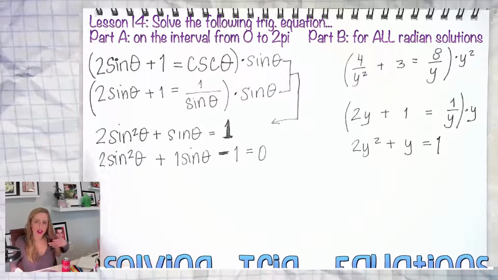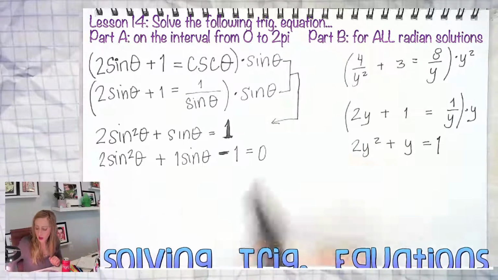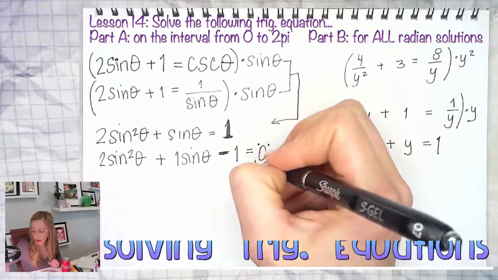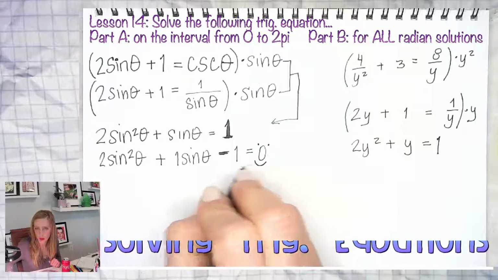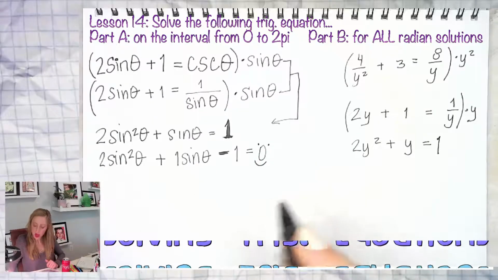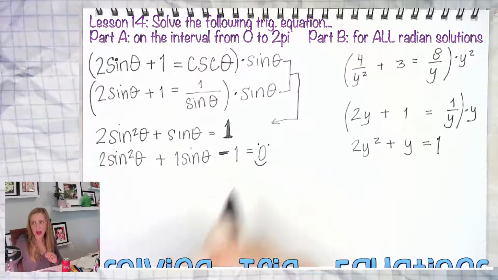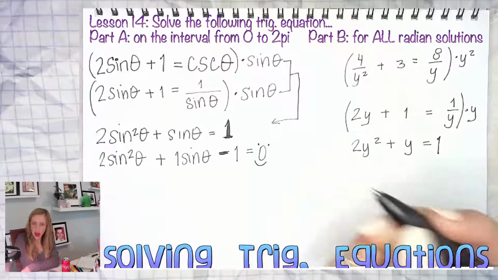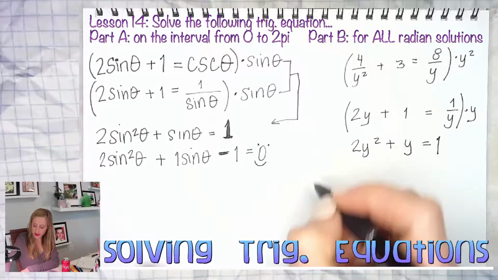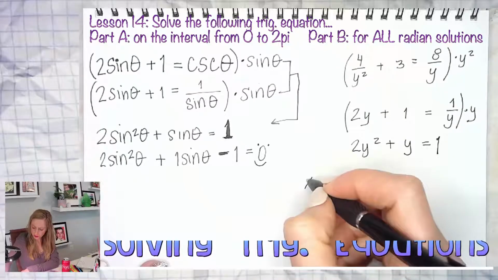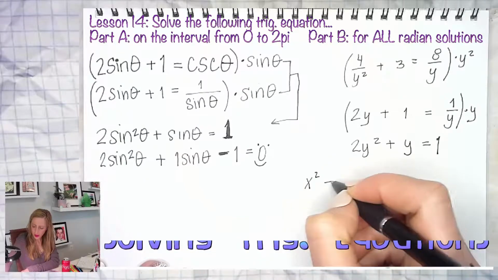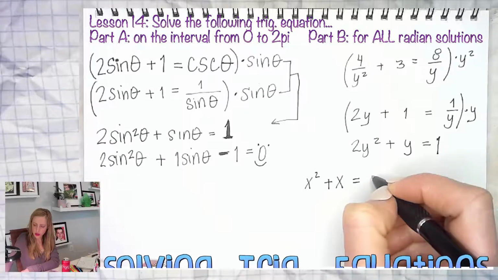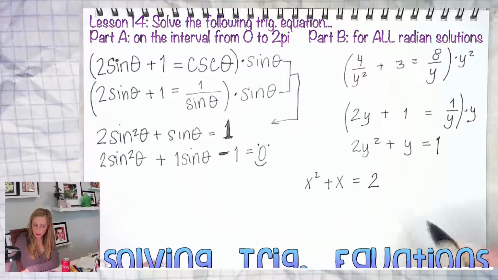Okay, that is something that is very common, and that's why I always say it only works factoring when we get it equal to 0. The name of the property is actually called the zero product property. If I had, I'm just going to make up a basic example, like x squared plus x equals 2.